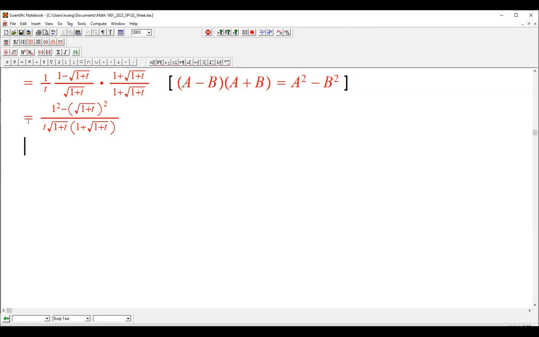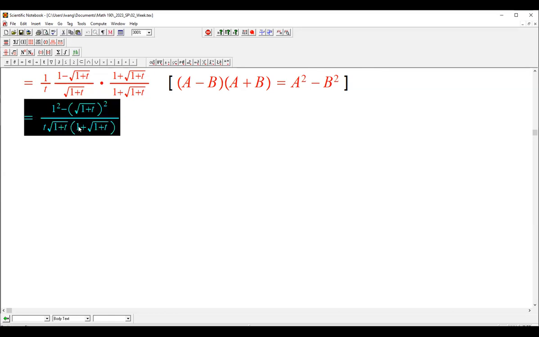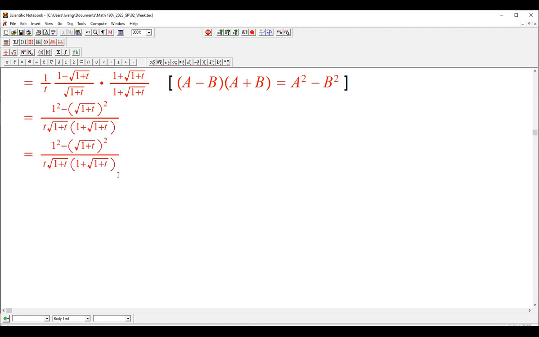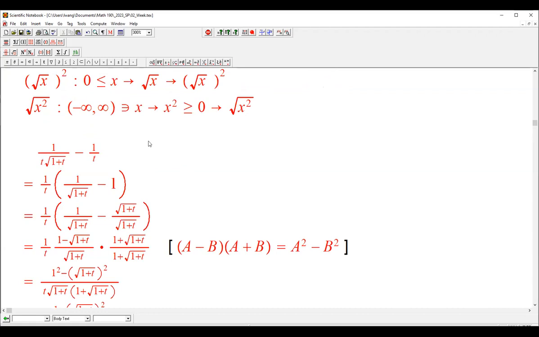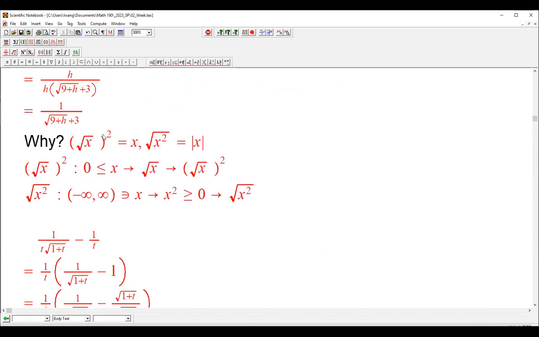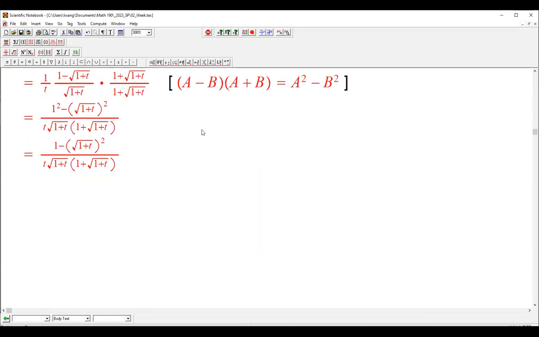We'll keep the denominator in its factored form. Don't try to expand it. Just leave it in this factored form: 1st factor, 2nd factor, 3rd factor. 1 squared is 1, and we get to use that piece again.